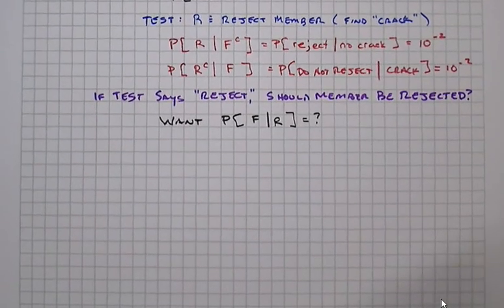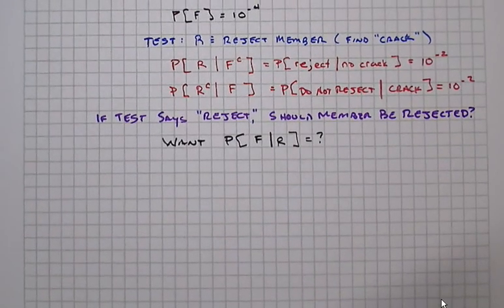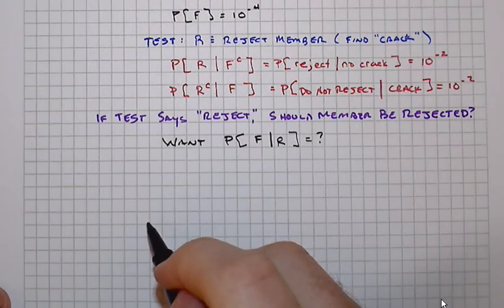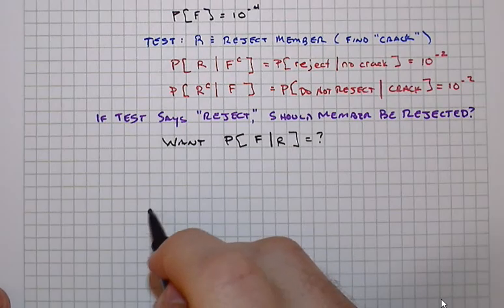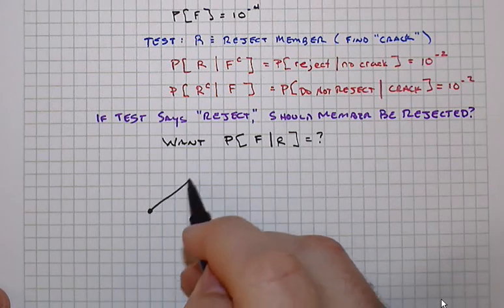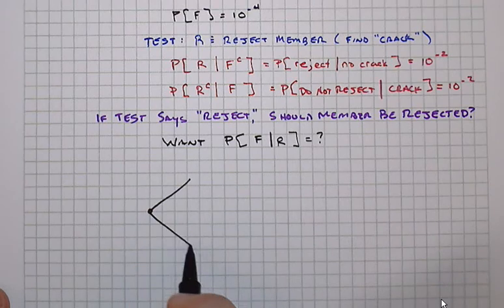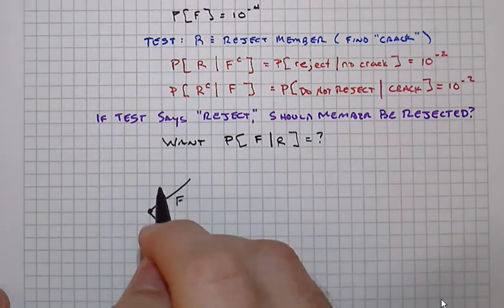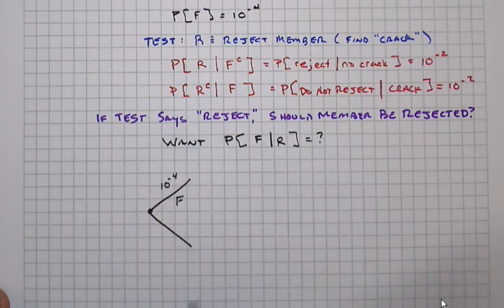In the work that we did before, probability trees will be useful here as well. Right? And we'll start off with the odds that we have a crack, which is again quite small, 10 to the minus fourth. And the complement of that, we don't have a crack, is 1 minus 10 to the minus fourth, or 0.9999.